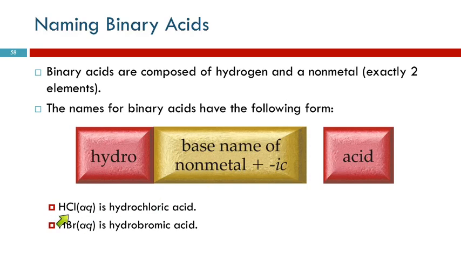So this is HCl. We take Cl, chlorine, and we go hydrochlor, but instead of ene, chloric acid. Hydrochloric acid. So this is hydrogen and chlorine as an acid. HBr, hydrobromic acid.